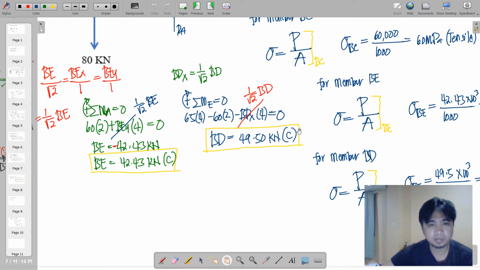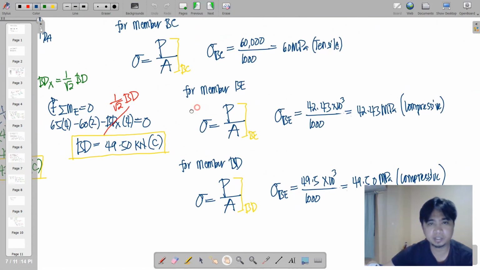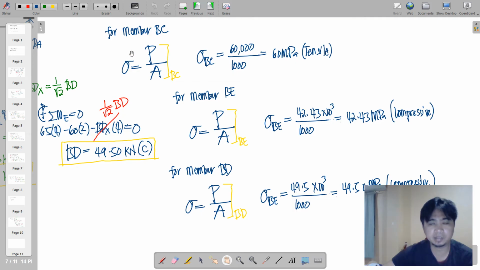And then after we have already obtained all of the forces, we'll just have to apply this simple formula. Sigma is equal to P over A for BC, for BE, and for BD. So all of the members have the same or common cross-sectional area equivalent to 1,000 millimeters squared.